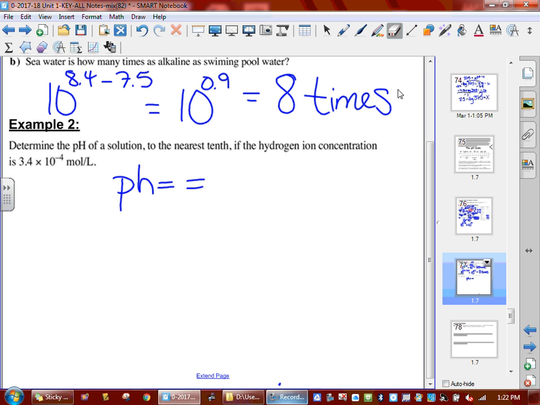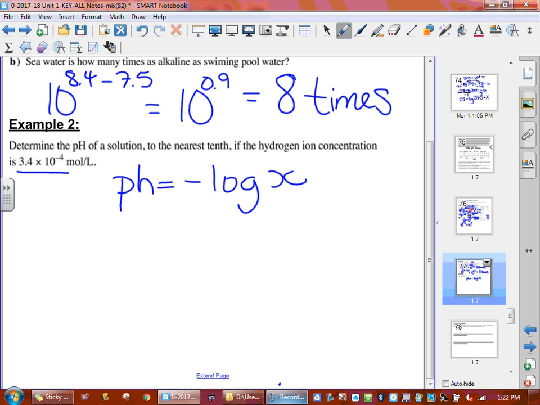If we want to know the pH, we are going to type in negative log, and the x number is going to be that number. That is our x. So we have to be able to type it in properly. Everybody grab your calculators and type it in. Negative log, and then type that number in.